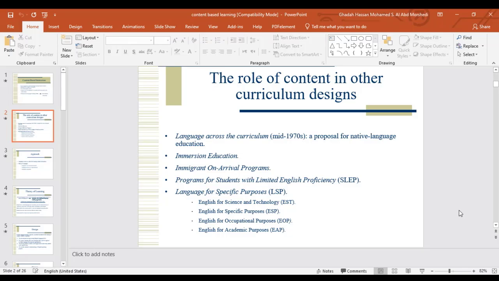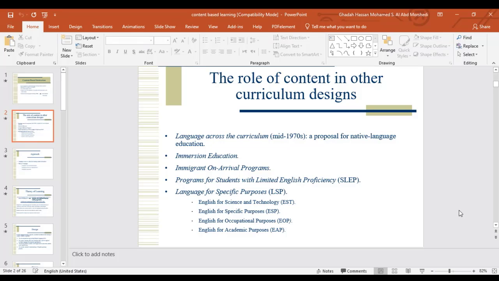So if you are from science or engineering, it's different than if you are from education or humanities. So language for specific purposes has different terms like English for science and technology, for occupation, for career, and also for academic. It's similar when you think about the IELTS, where you also have academic and occupational.